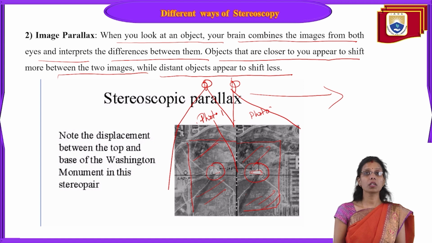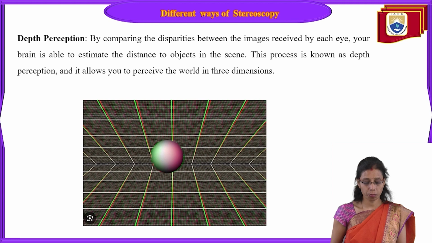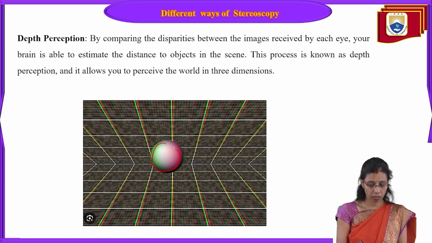That's how the images will overlap, but the objects in the image will be displaced a little bit due to the change of position. Now you have depth perception. Depth perception is like when you see a 3D image, and you can see this ball is falling in depth, right?